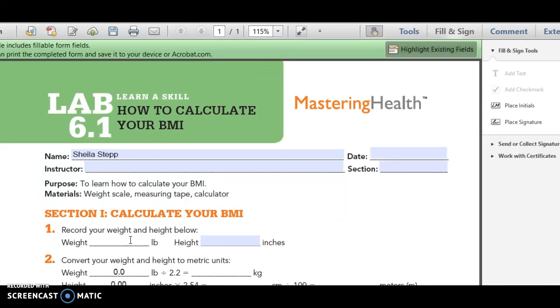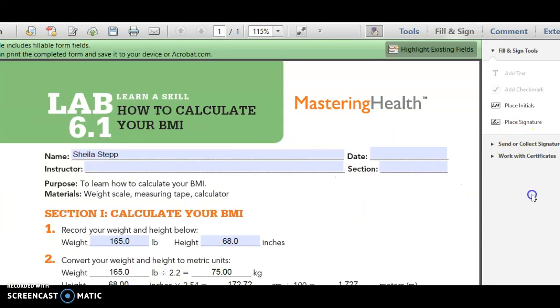What's really important to understand is that whenever I type in my information, it will literally auto-calculate things for me. And some of us have been struggling with what's happening as far as our mathematics go. So I've entered my weight and my height in inches and pressed enter.